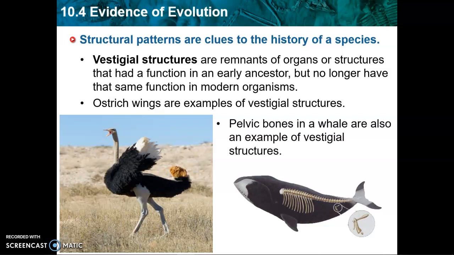So a whale that was missing hind legs could have had an advantage because they weren't getting in the way and weren't having to use precious resources maintaining that structure. That would be why the legs would disappear, not just because the whale didn't use its legs and they shriveled up and were gone.